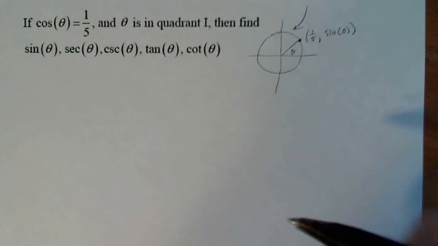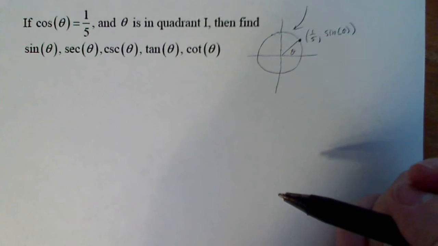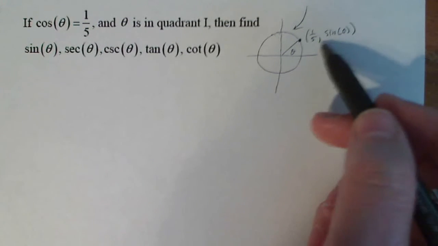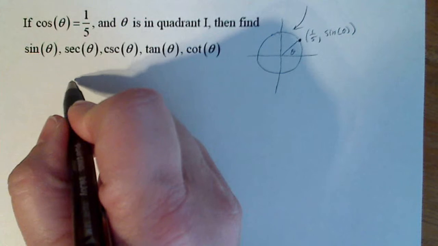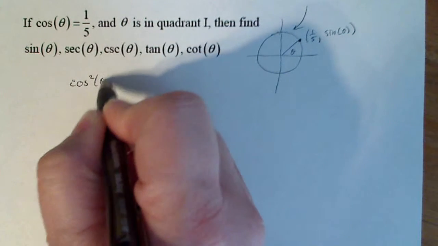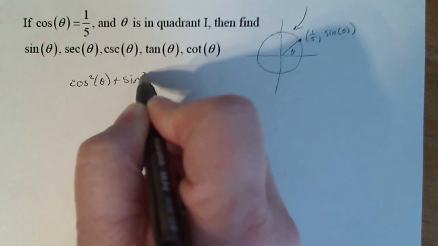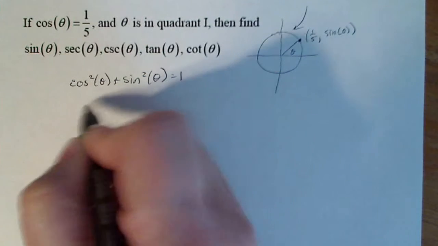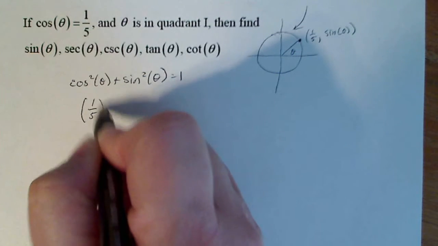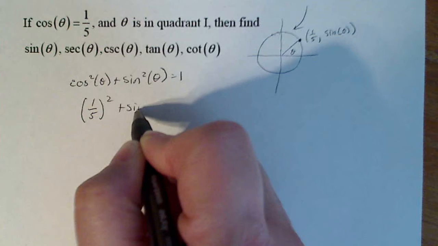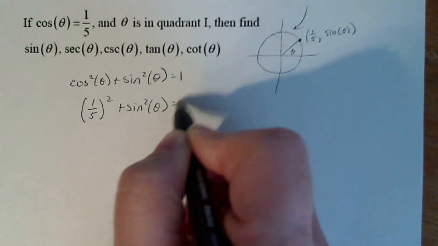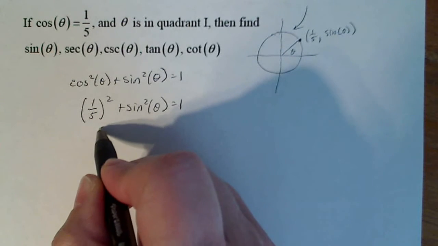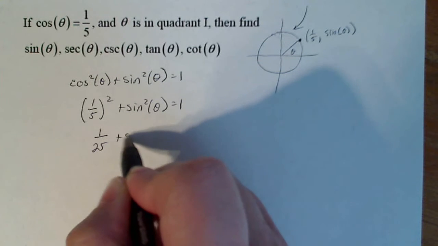Now, I am going to use the Pythagorean identity to find the sine of theta. So I know that cosine squared theta plus sine squared theta equals 1. I know that cosine theta is 1/5. 1/5 squared is 1/25.